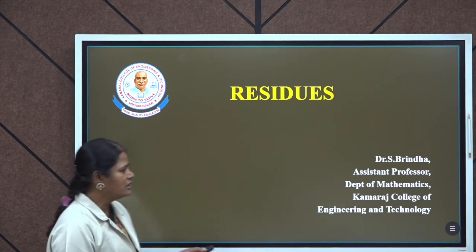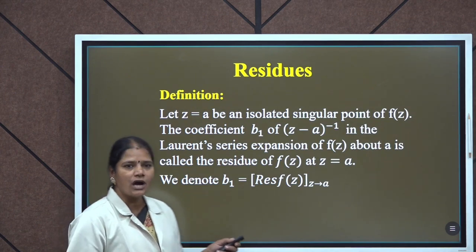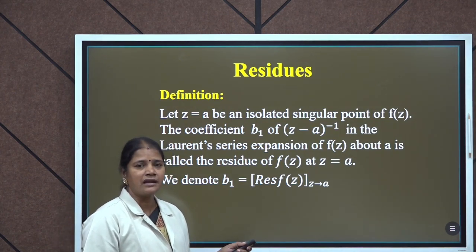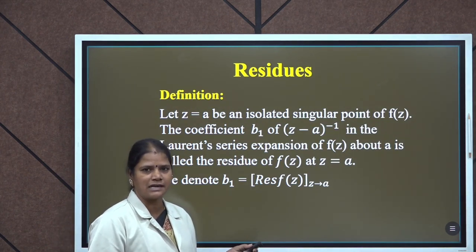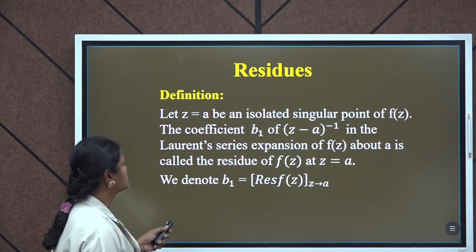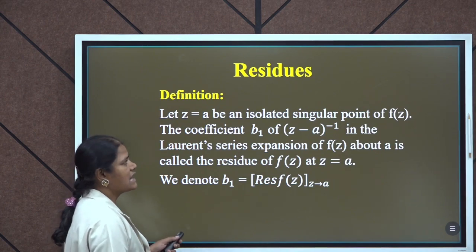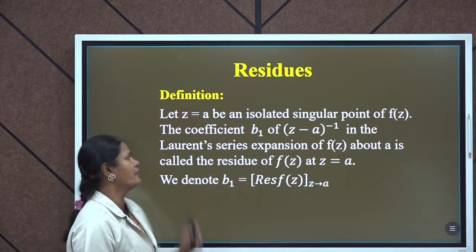In this video, we are going to learn about the concepts of residues and how exactly to find the residues at the poles. Before that, we will move on to the definition of residues. Let z equal to a be an isolated singular point of f of z.